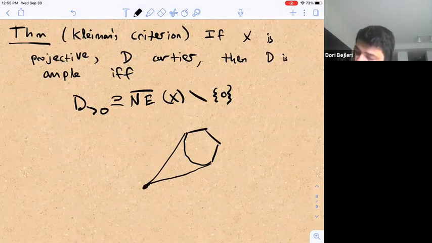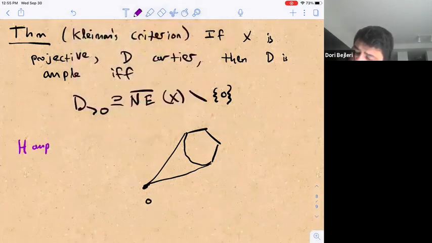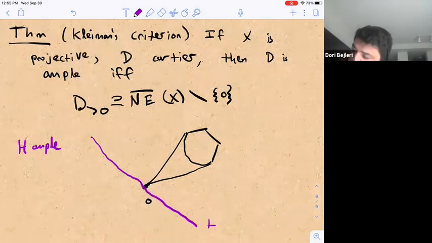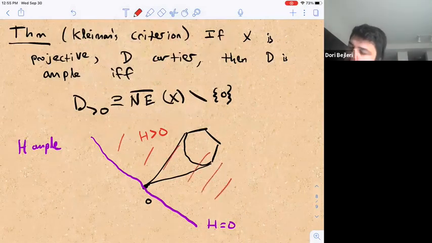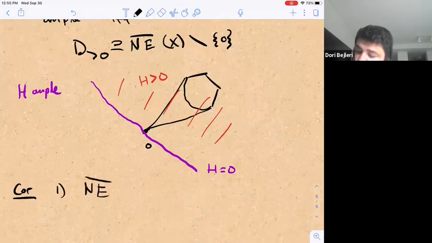There's the origin here, and then given our ample divisor h, if we look at the hyperplane where h is 0, that's going to pass through 0, but Kleiman's criterion tells us that this whole cone is contained in the half space h strictly greater than 0. And then from this picture, we immediately get some corollaries. So 1, NE-bar(X) doesn't contain a line.